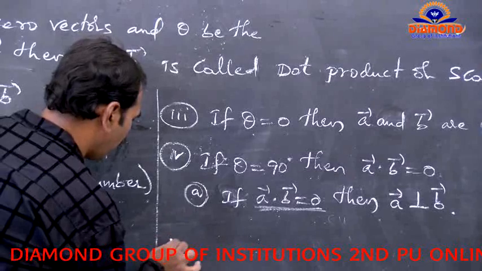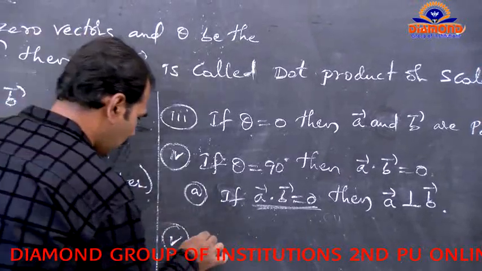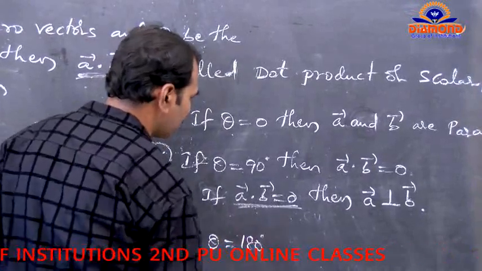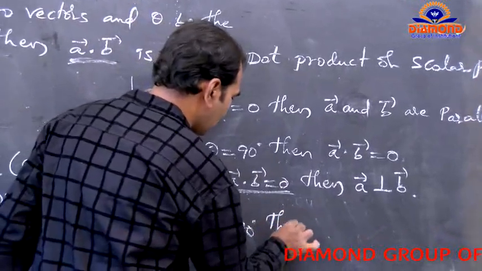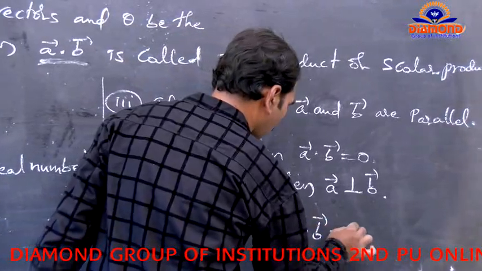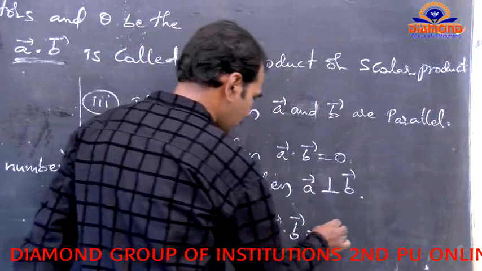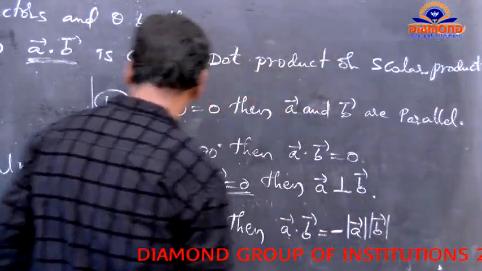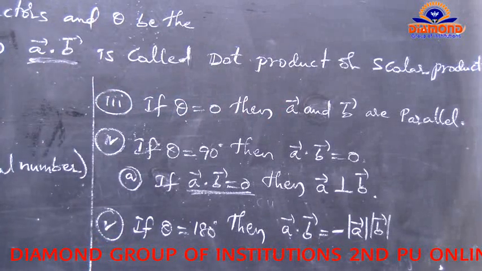Fifth condition: if theta equals 180 degrees, then A vector dot B vector equals minus magnitude of A, magnitude of B, because cos 180 value is minus 1.